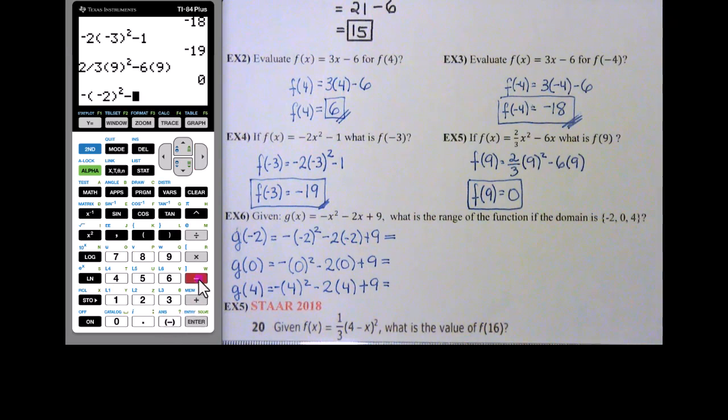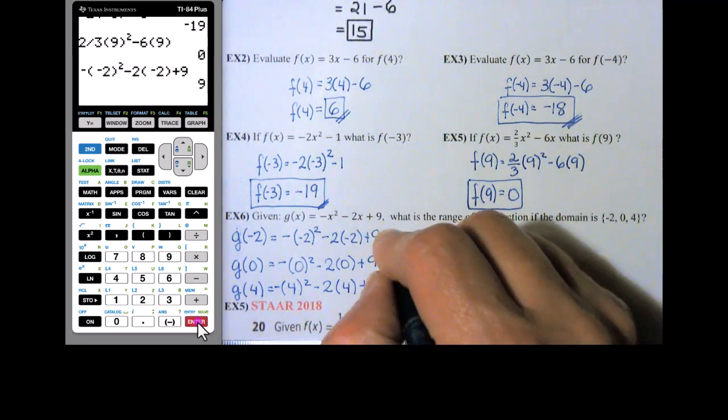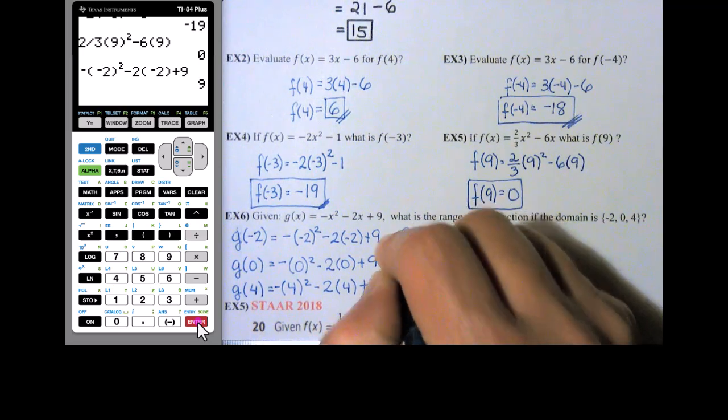So we have minus 2, open parenthesis, negative 2, close parenthesis, plus 9. So negative 2 squared minus 2, negative 2, plus 9. I double check that is correct. I press enter, and I get 9.